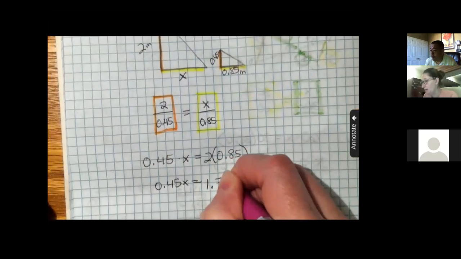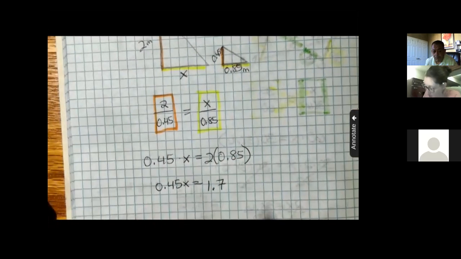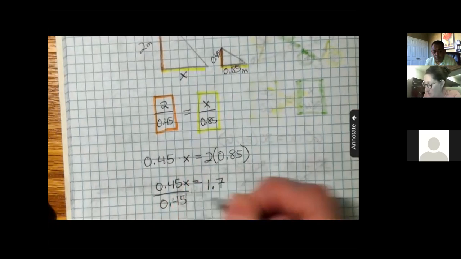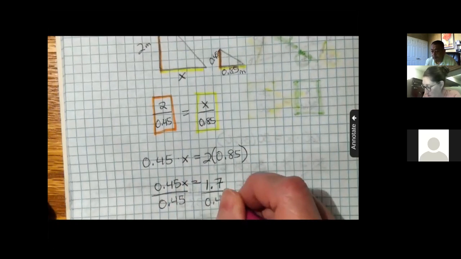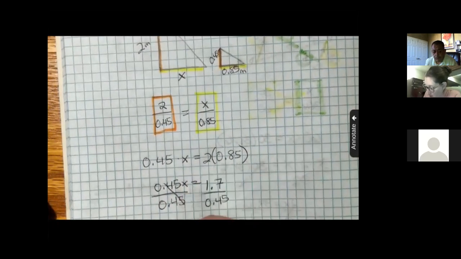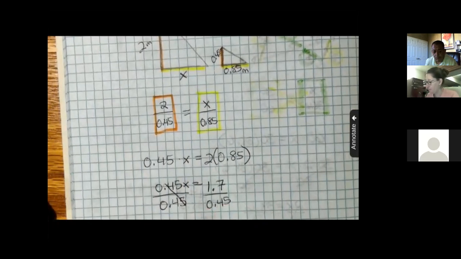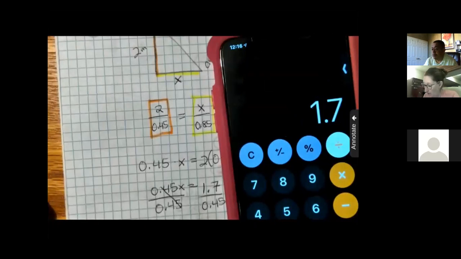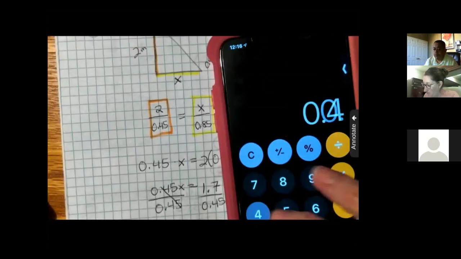Now, I need to get x by itself. It's being multiplied. I got to get rid of 0.45, so that goes away. Now, I have my 1.7. I need to divide by 0.45.